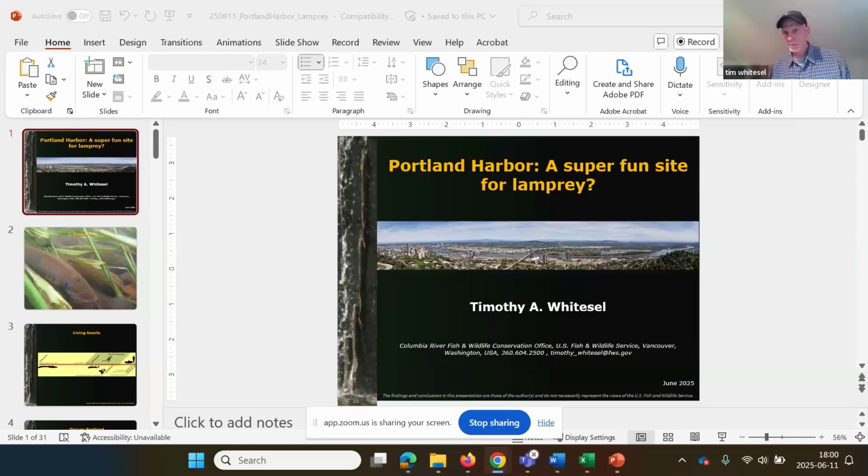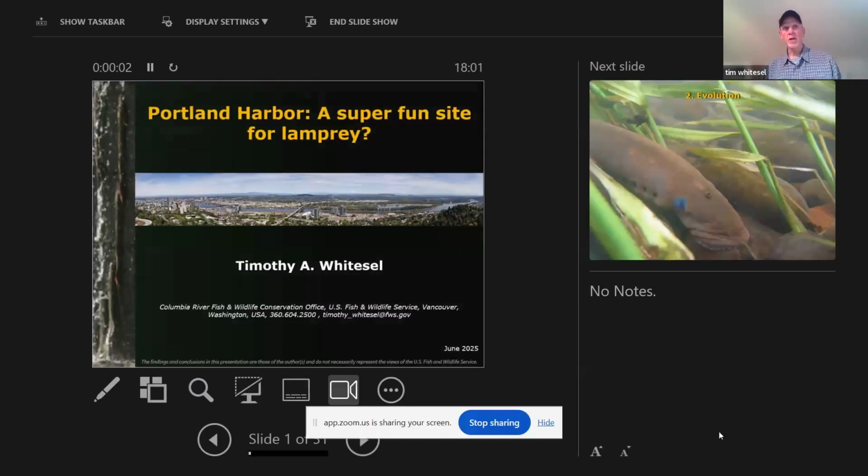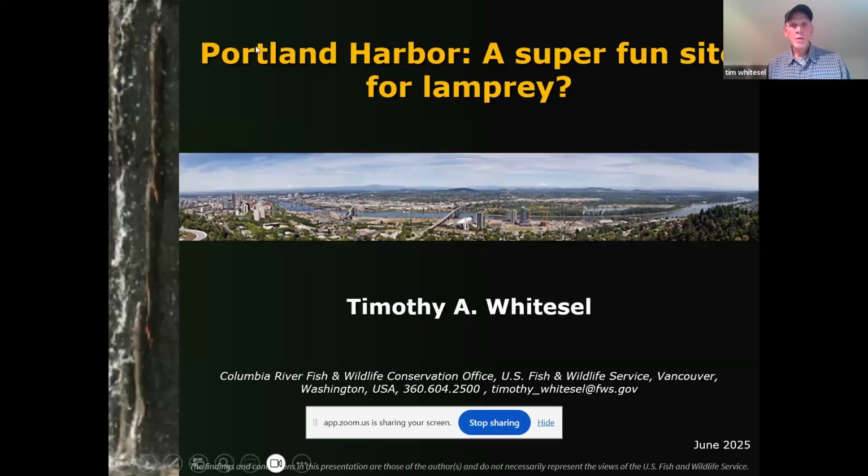So all of you are seeing a full-on slide and presentation mode, correct? Right now we're seeing the presenter mode. If you can go up to display settings at the top, it should switch. There we go. Yes. Got it?